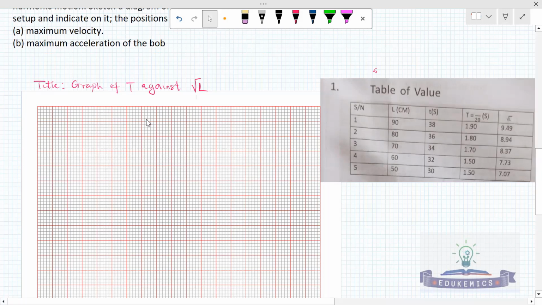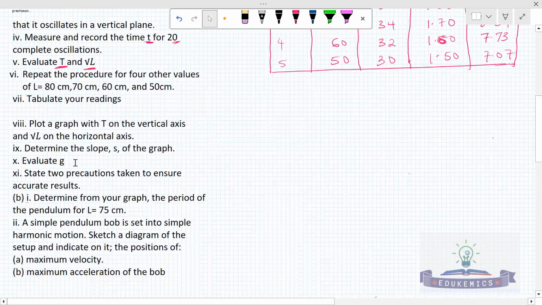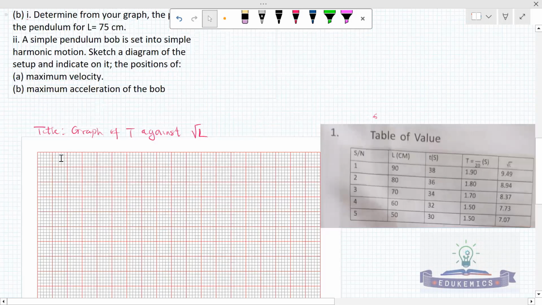The next thing is, let's choose our scale. That scale is on which question? Determine this, plot a graph. So let's choose our scale here.